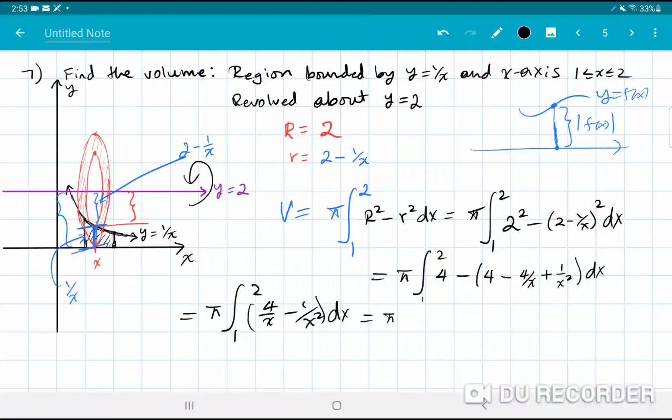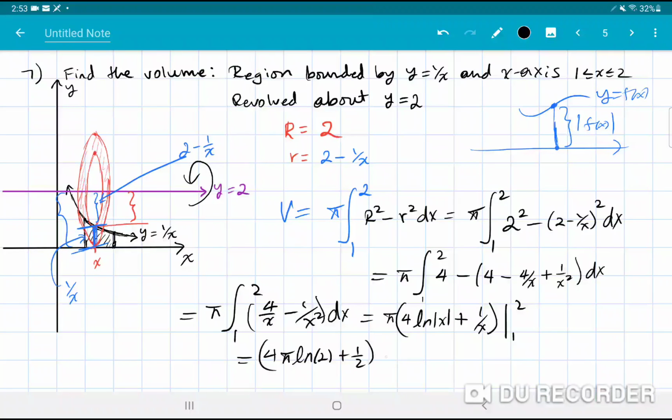This is pi times 4 natural log of x plus 1 over x from 1 to 2. Put 2 in, 4 pi natural log of 2 plus 1/2, minus, I'll put the pi outside.